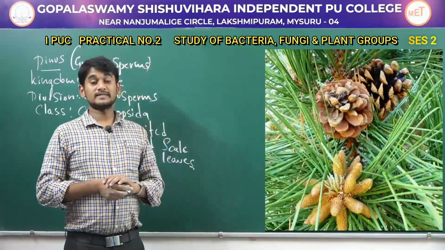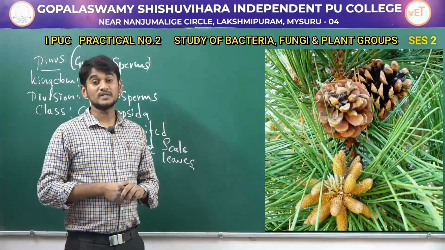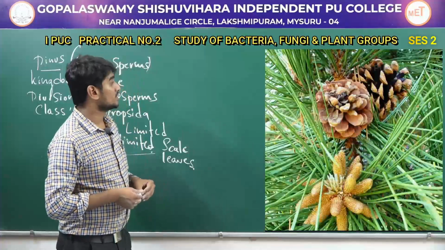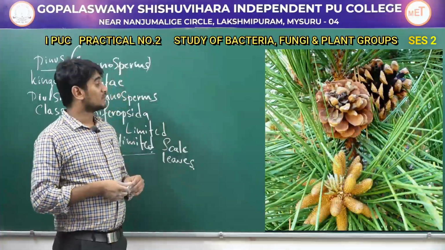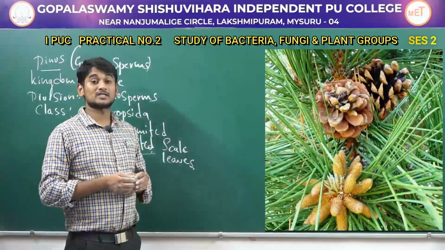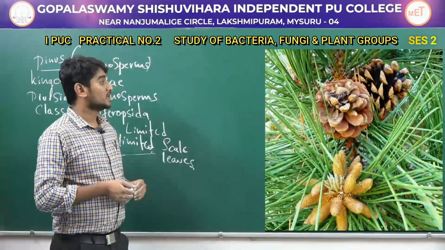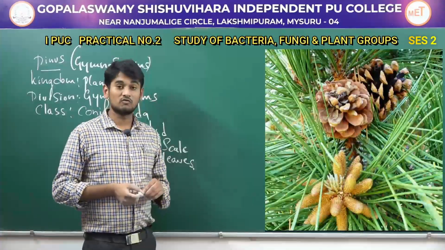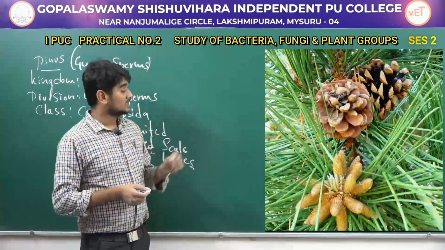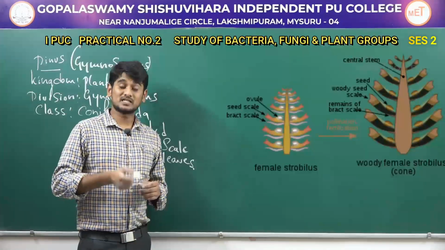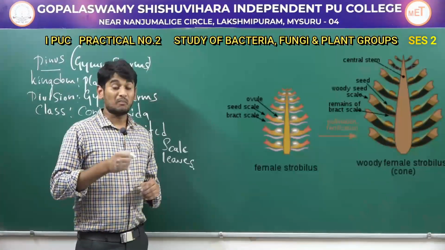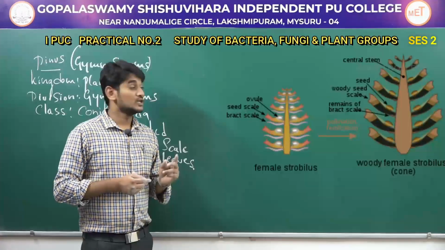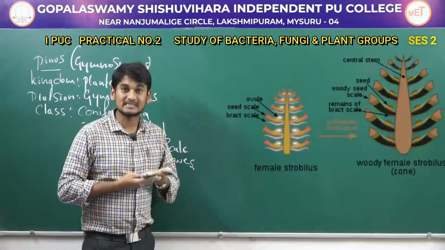The reproductive organs, both male and female cones, are borne on the same plant, and in the picture we can observe both the male and female cone. The male cone has a large cluster of microsporophylls with two pollen sacs, and inside the pollen sac is the presence of pollen grains, and the female cone has megasporophylls with bracted scale and ovuliferous scale with two ovules on the ventral side.